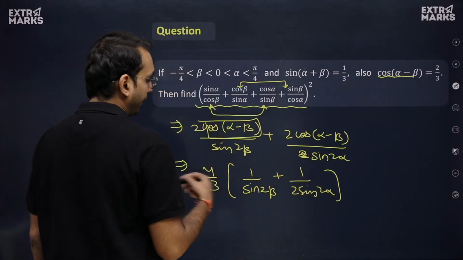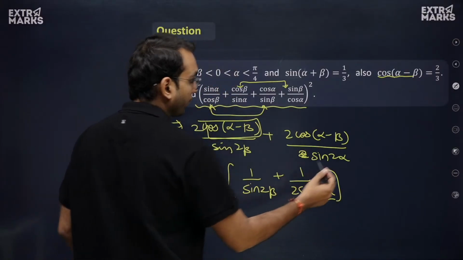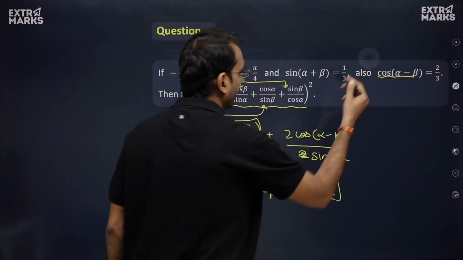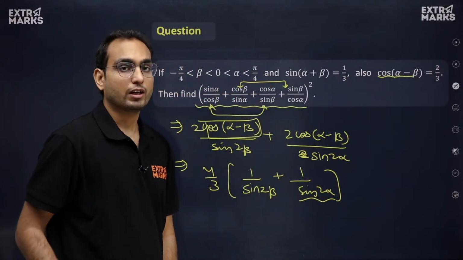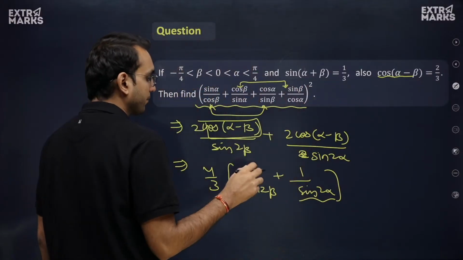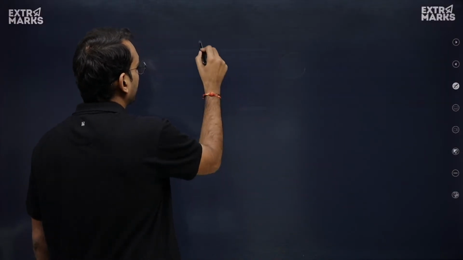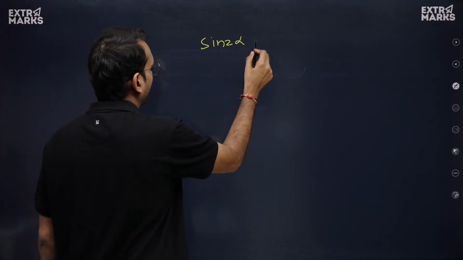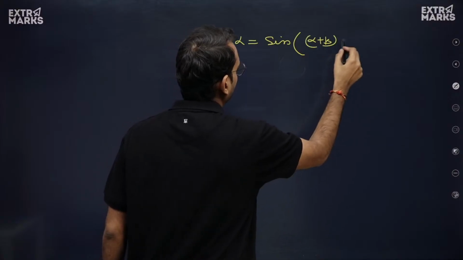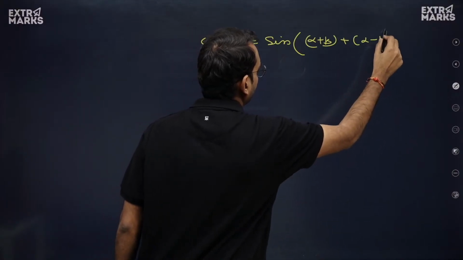We can actually find the value of sin 2 alpha by creating 2 alpha using alpha plus beta and alpha minus beta. So sin 2 alpha can be written as sin of alpha plus beta plus alpha minus beta.